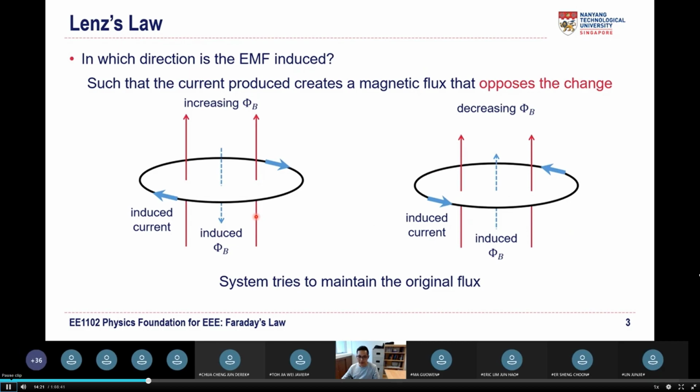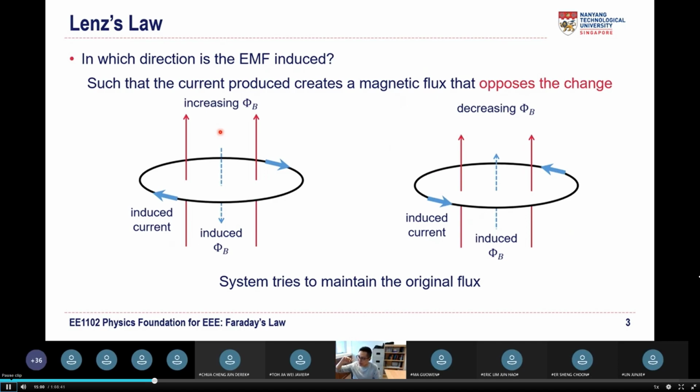When the magnetic flux is increasing with time, in order to find out in which direction the EMF is created, or the current is induced, we need to understand Lenz's law. What Lenz's law says is that the current produced will try to counter, or oppose, the change. Here the magnetic flux is increasing with time, so it is getting stronger going upward.